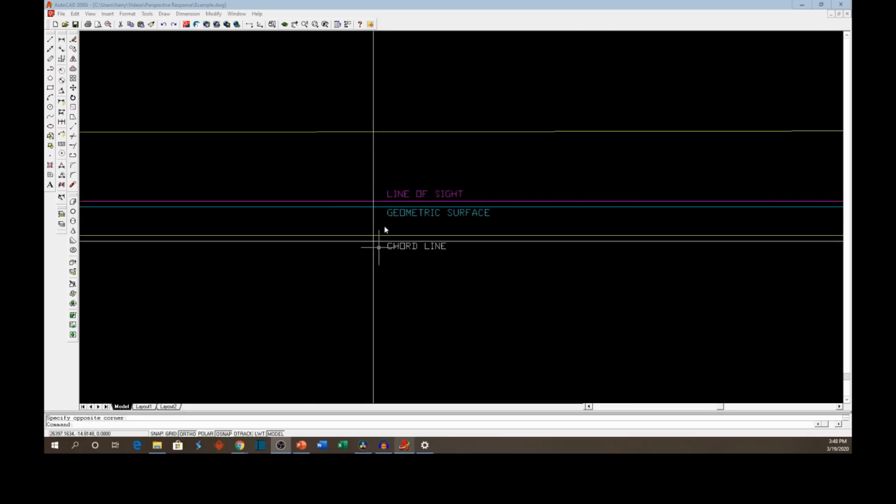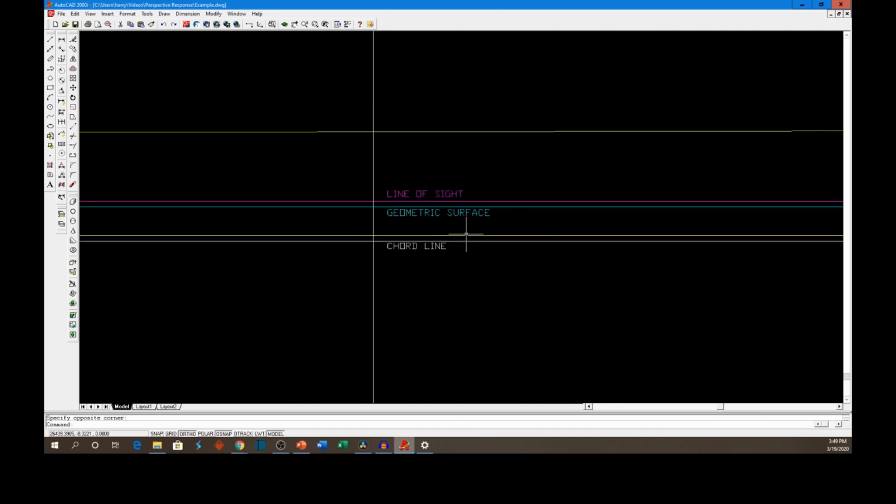That's the 5-mile point. When we get here, you see the geometric surface. That's the curved surface. Down here is the chord line. That's from the foot of the observer to the bottom of the target. Up here is the line of sight, that magenta line. And the yellow lines are coming from the center line of the observer's eye and going to the top and the bottom of the target.